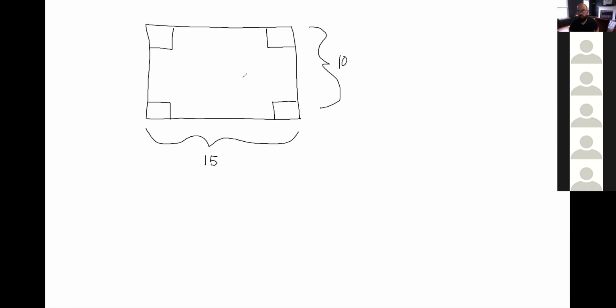I drew my picture, but now I need to set up a variable, something that changes. What we're given in our problem is that we want the box to have a height of at least 1 inch and no more than 3 inches. When I look at this diagram, is there somewhere in here that I can define height?